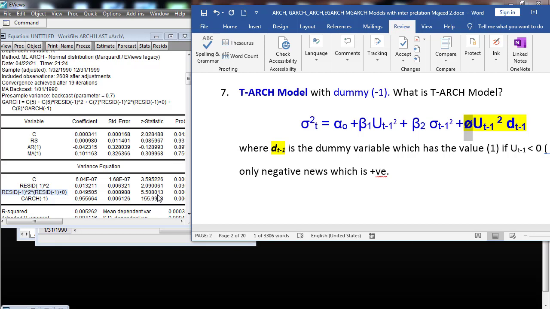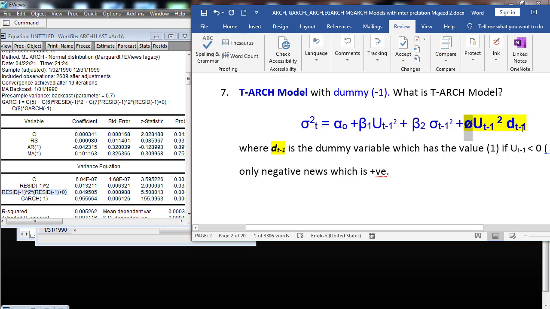This must be compared with less than 0. Then we can assign the value, and we call it sigma ARCH. This is the residual lag 1 square multiplied by the indicator where residual lag 1 is less than 0, which is negative.